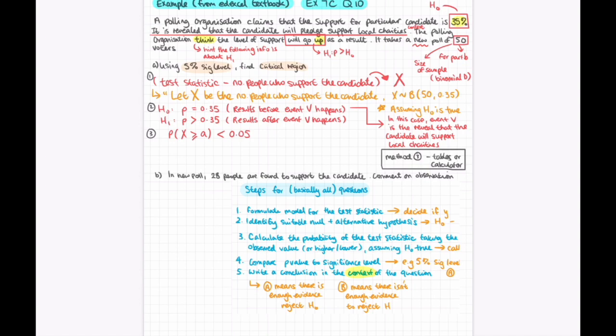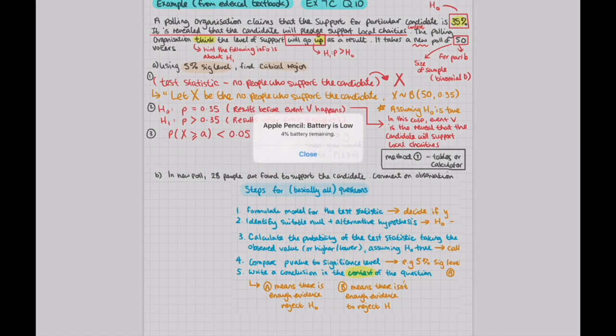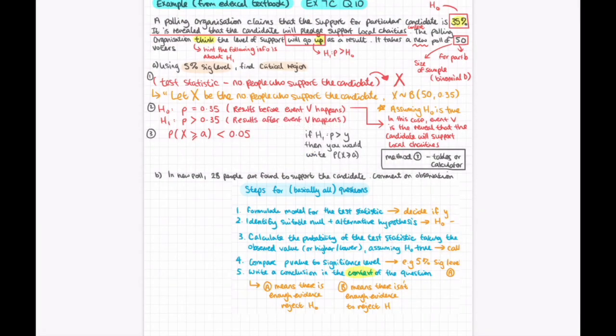Now basically, if H1 is p bigger than, let's call this maybe y, then you would write the probability that X is bigger than a is less than like 0.05 or something.